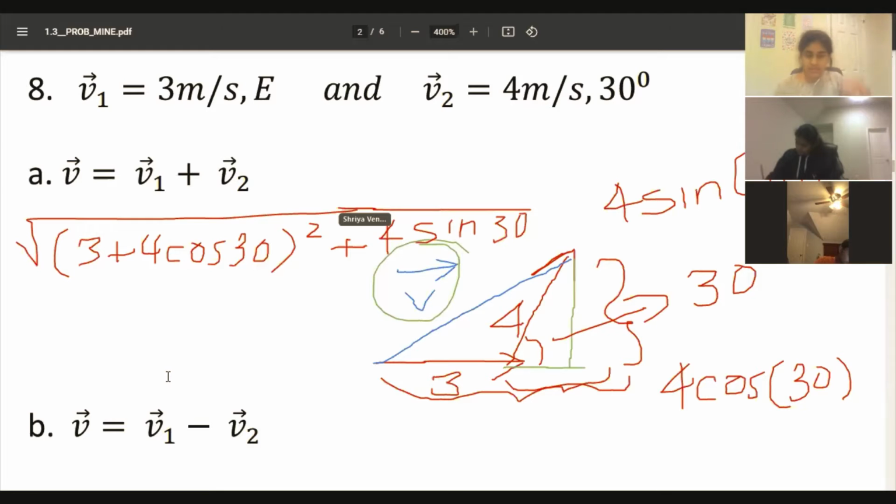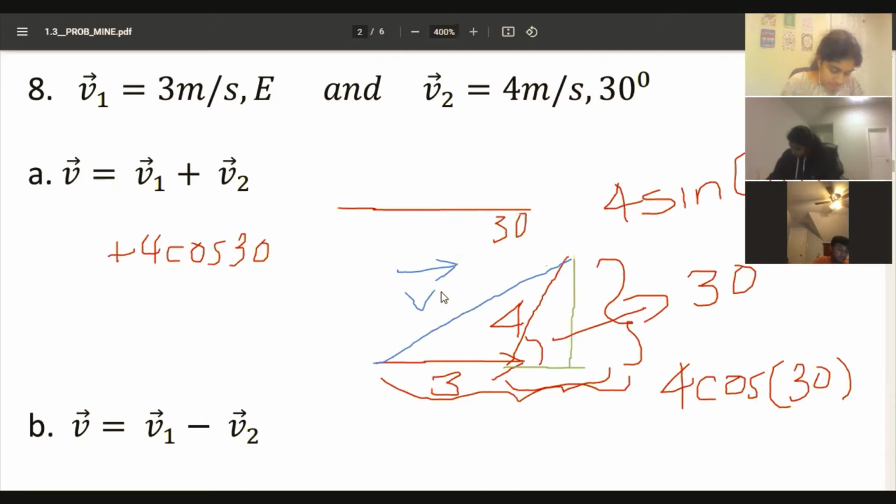And that would give us the value of this resulting vector. So once we compute that, we can figure out what this vector is. But in this case, if you're just given a diagram, you could just draw this and you'd be done. So now let's move on to 8b.